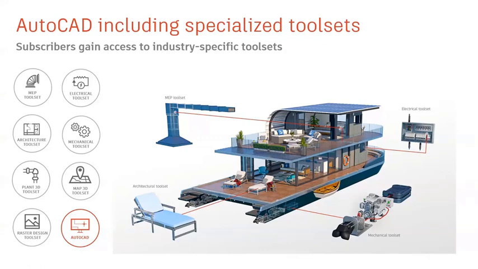Here on the right side, we see the plan of a boat, and it's connected with the architectural toolset, the MEP toolset, the electrical toolset, and the mechanical toolset, and things that can be built or designed by these toolsets.